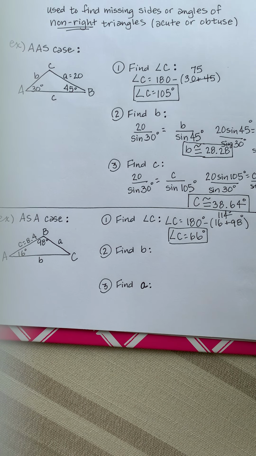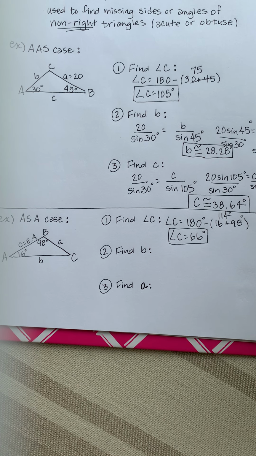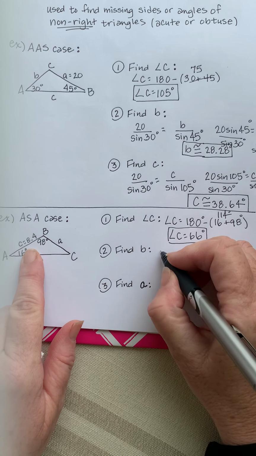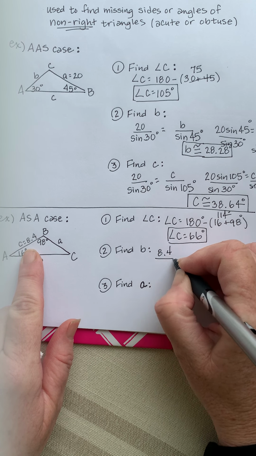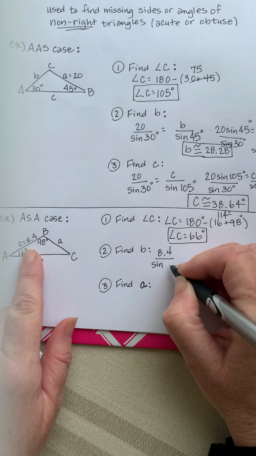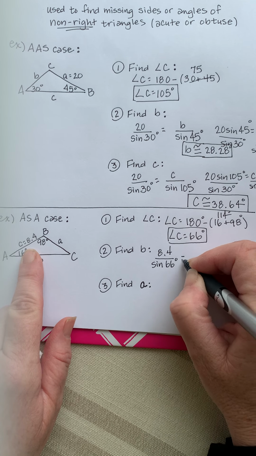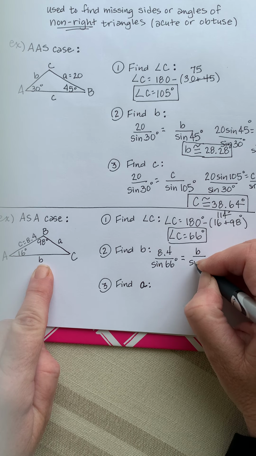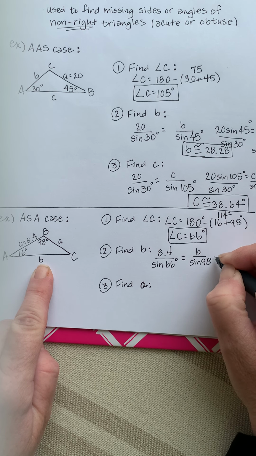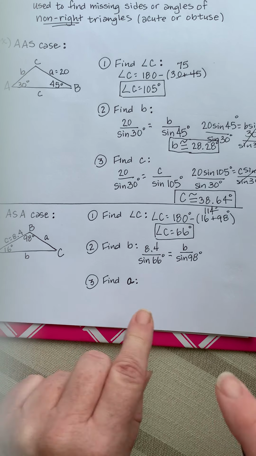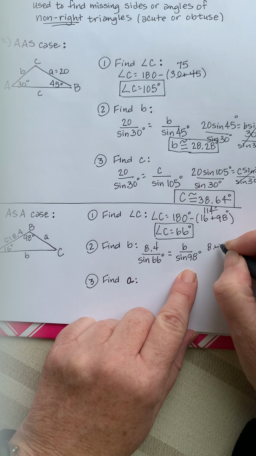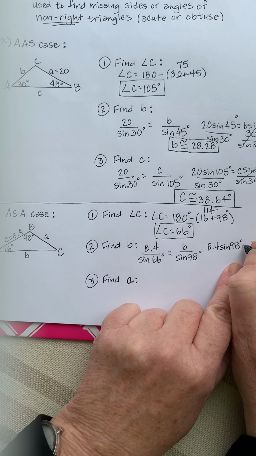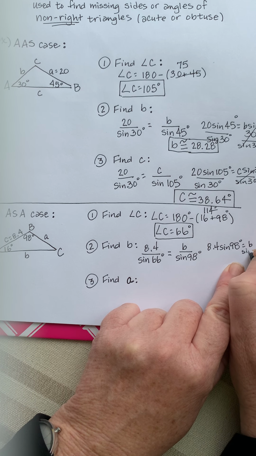Okay? Now, to find side B, well, we now know a pair. We know side C, we know angle C, so 8.4 over the sine of C, which is 66 degrees, is equal to B, which we don't know, over the sine of 98. Okay, and again, I'm going to cross multiply. 8.4 times the sine of 98 is equal to B times the sine of 66.